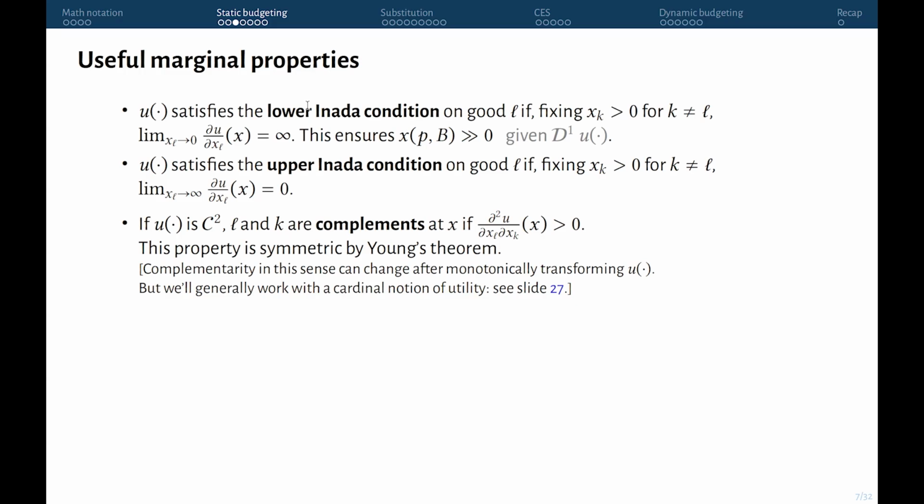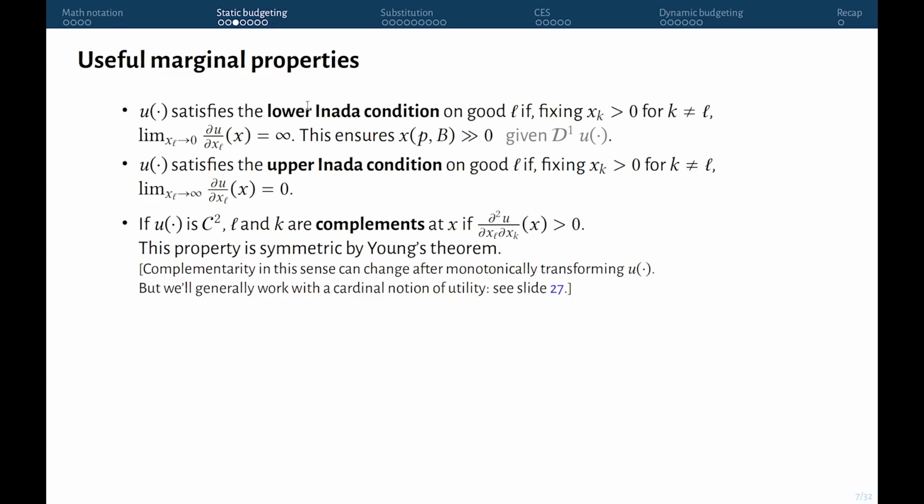And if a utility function is twice continuously differentiable, we say that two goods are complements locally around some starting basket X if the marginal utility of good K, say, increases when you have more of good L, right?